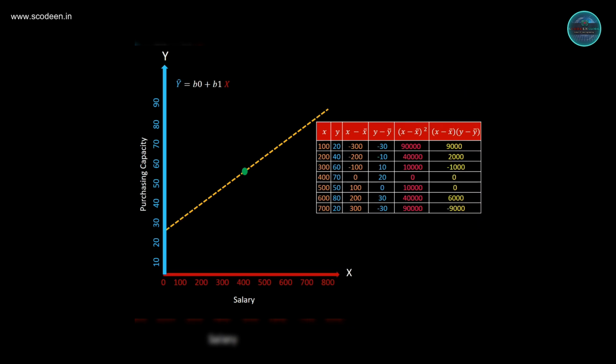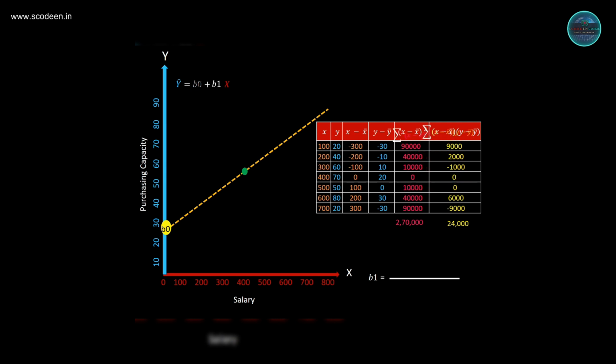Let's estimate the values of b0 and b1 in the regression function. b0 is known as the constant or intercept point of the regression line. First, we'll derive the b1 value. So b1 is equal to the summation of x minus x bar into y minus y bar divided by the summation of x minus x bar whole square.